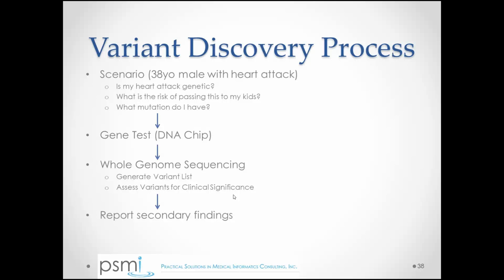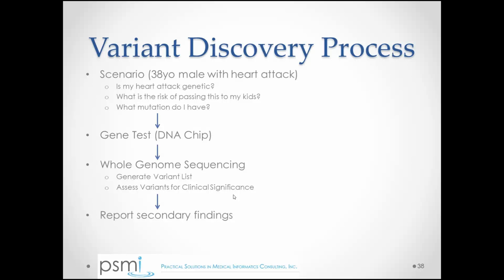I found that particular New England Journal article very interesting because they walk through this whole process and they actually use it, and they wind up diagnosing 25% of the patients that were referred to them.